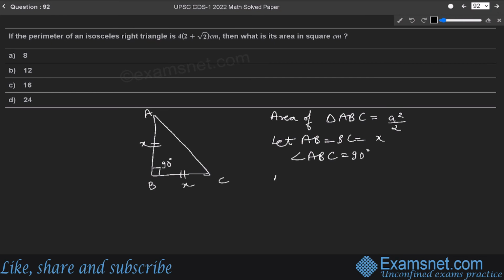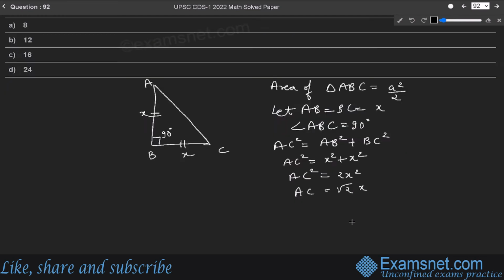According to the Pythagoras theorem, AC square will be equal to AB square plus BC square. So AC square will be equal to X square plus X square. Therefore, AC square will be equal to 2X square and AC will be equal to root 2 X. This is the required hypotenuse, which is root 2 x.